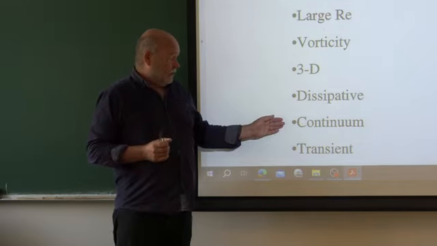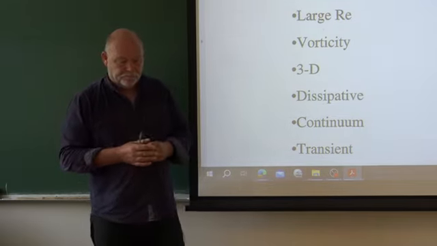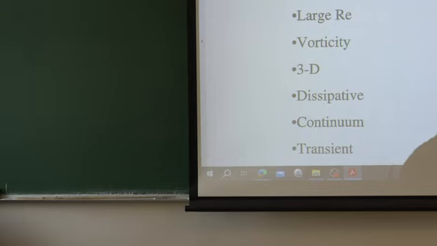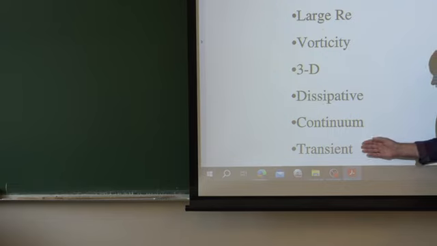It is, we believe, a continuum phenomenon. We don't have to go down to the molecular scale here. Even the tiniest turbulent vortex motion is quite big compared with the molecular scale. So yes, we believe it is a continuum, and it is always transient.